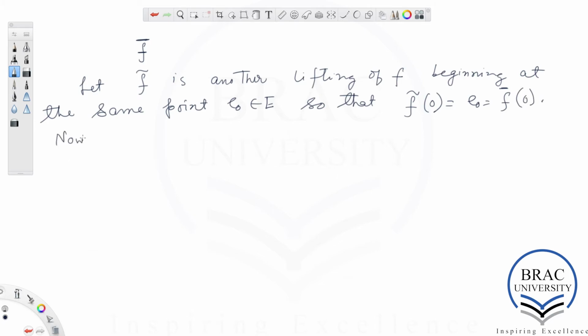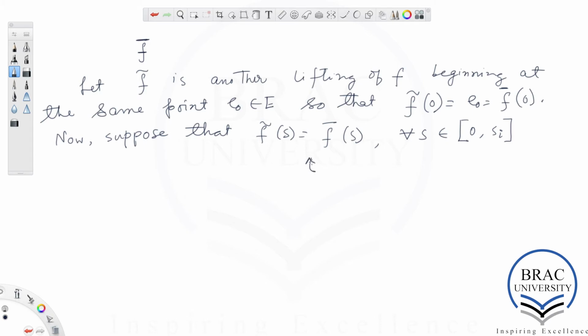This is going to be our base case. Now suppose that F tilde of s is equal to F bar of s for all s belonging to the subinterval [0, s_i].